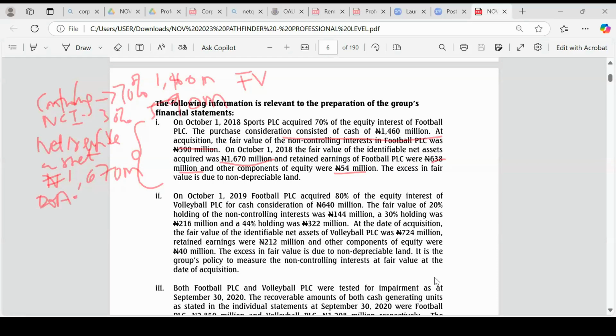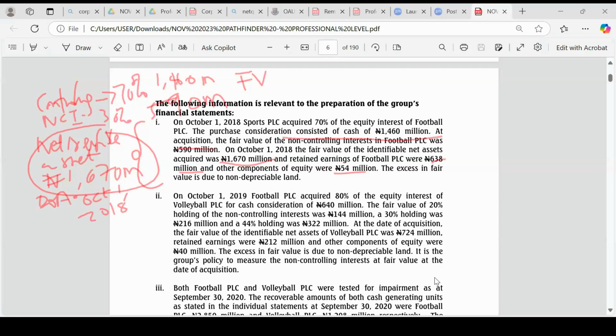My date of acquisition was October 1st, 2018. Now, when I do all of this, something tells me they mentioned fair value. Fair value excess, which was due to non-depreciable land. All right, good. So I don't even have to do any depreciation on that fair value excess.